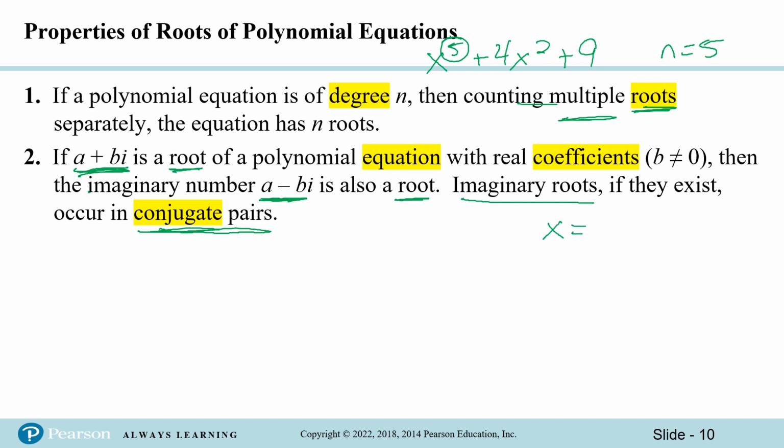If I have x equals 7 plus 2i as a root, then I'm also going to have 7 minus 2i as a root. They don't always tell you both of them. They may just say, oh, by the way, 7 plus 2i is a root. They assume you realize that if they tell you 7 plus 2i is a root, then 7 minus 2i is also a root because of this property right there.